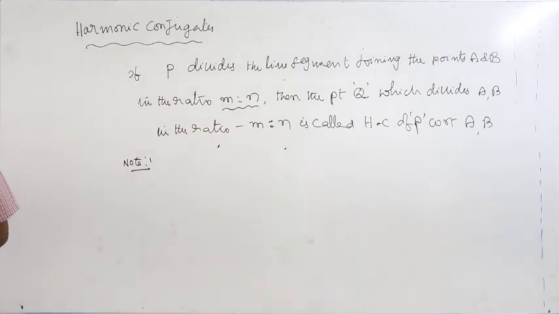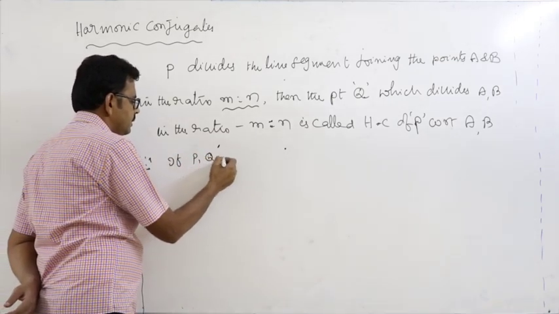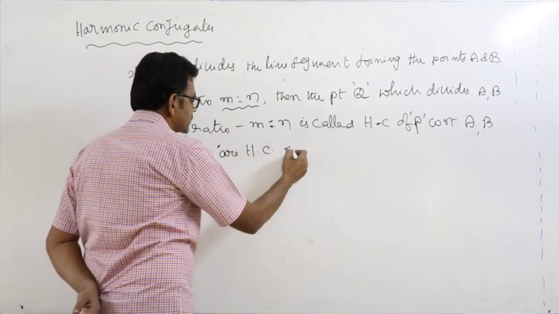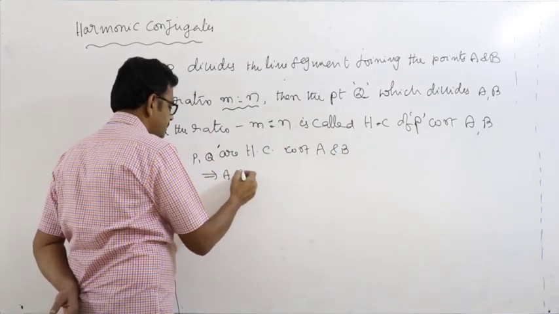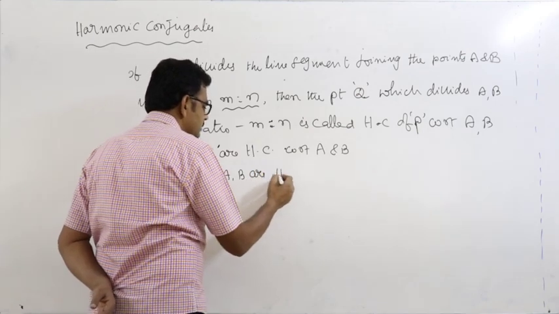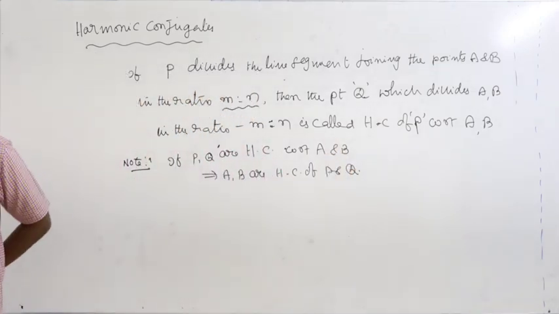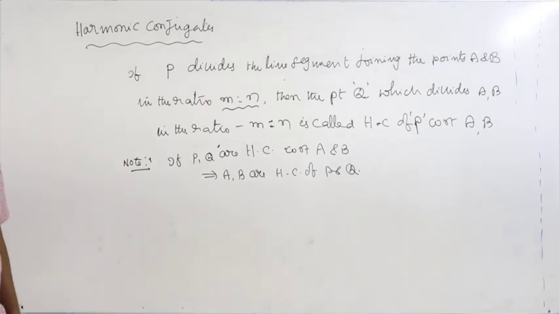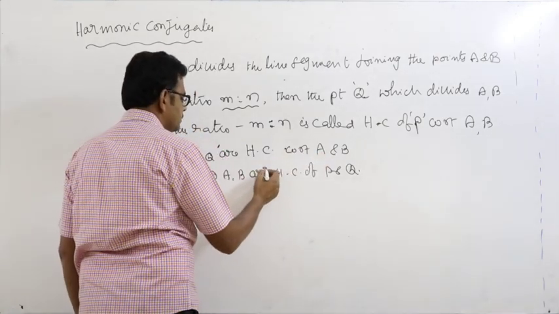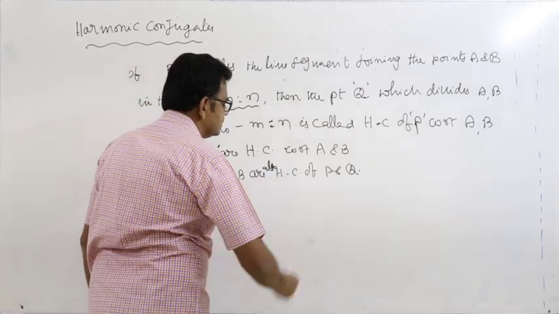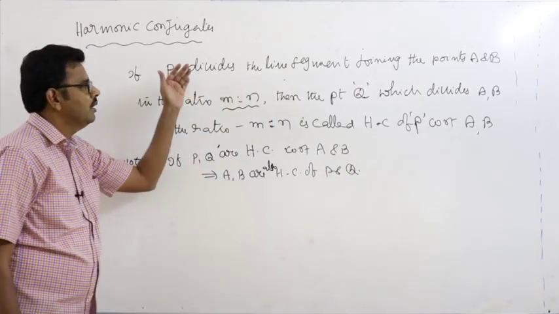Note 1: if P and Q are harmonic conjugates with respect to A and B, it implies A and B are also harmonic conjugates of the points P and Q. So this is the harmonic conjugate.